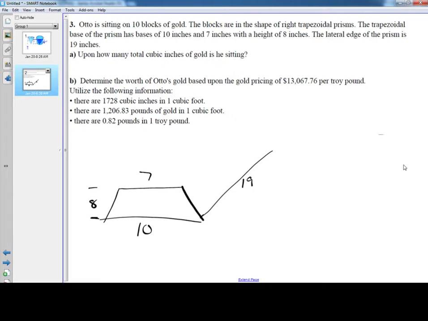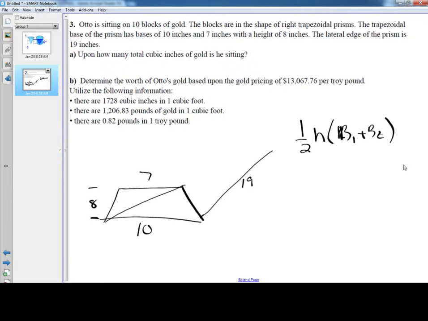So if you don't remember the formula, which is 1/2 h times base 1 plus base 2, okay, that's the formula. Think about it: all it really is is two triangles, and it's the sum of those two triangles. That's where it comes from.